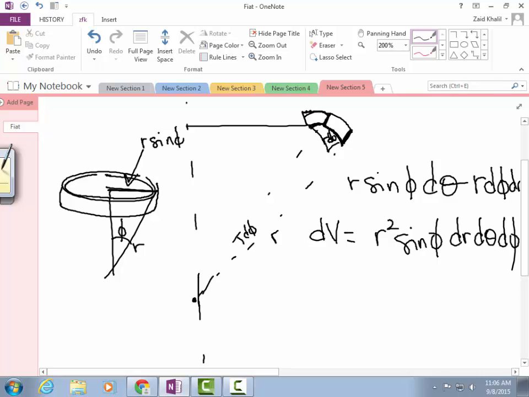Yeah, it's a little nastier. And with that, are we done? Or no? If you're integrating over something that's a sphere or a hemisphere, you might want to use spherical coordinates. Each one of those has their advantages given the type of shape.